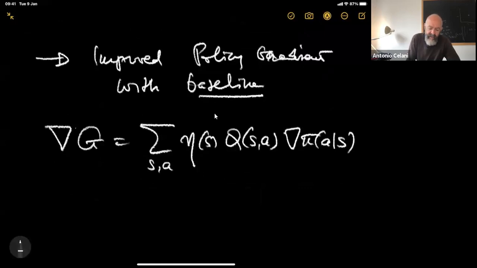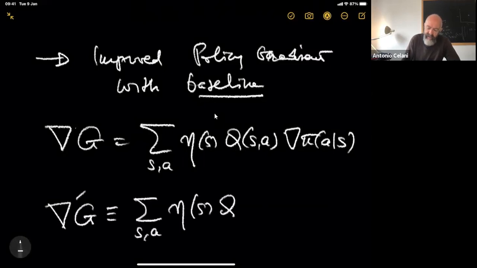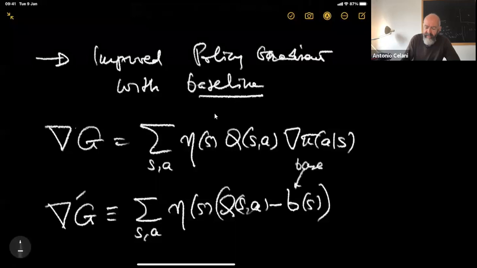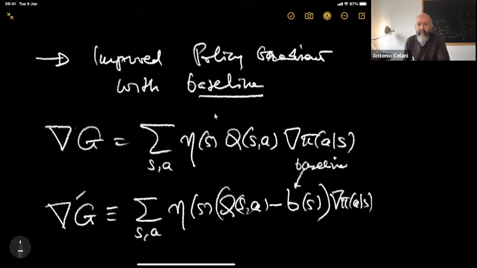Now, let's consider a variant, okay? An object which we call gradient prime, which I define as the sum over states and actions of eta S, and then I subtract an object here, which is called the baseline, which only depends on the states.